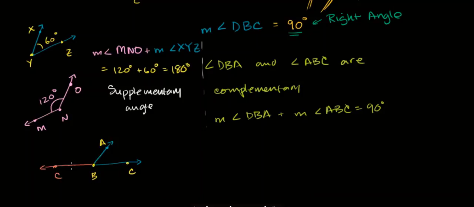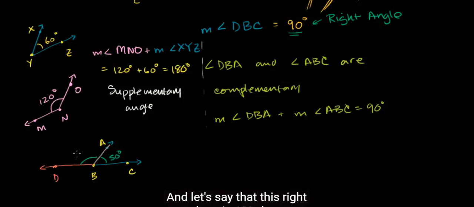Let's say that this is 50 degrees, and this right over here is 130 degrees. Clearly angle DBA plus angle ABC, if you add them together, you get 130 degrees plus 50 degrees, which is 180 degrees.